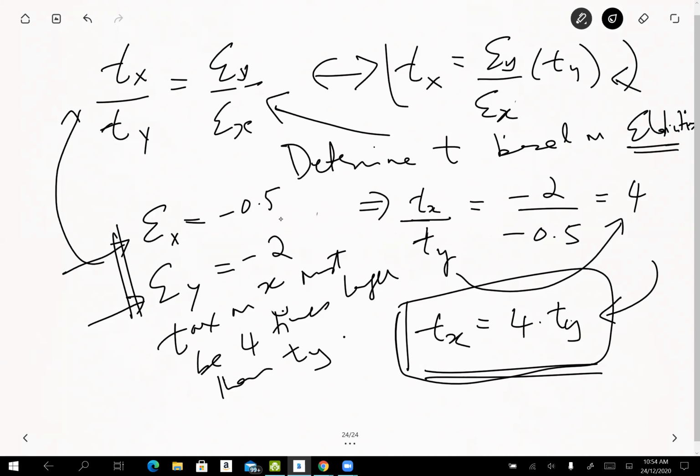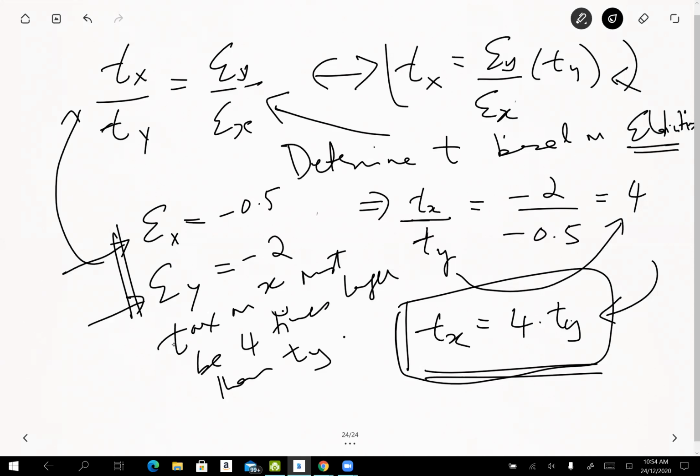Will it be bigger or smaller? Bigger, sir. Will be bigger. All right. So the rule here says if you want to tax different goods, you tax the inelastic good higher than the one that is more elastic. So that rule, we call it the Ramsey rule.